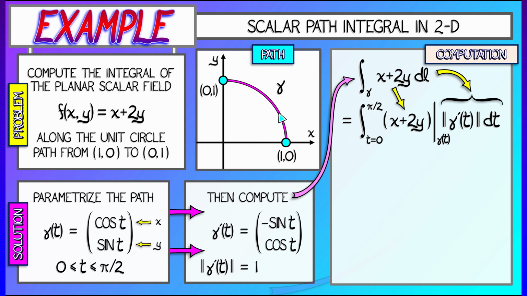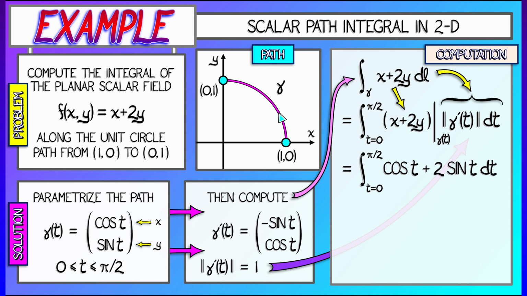Then what we need to do is substitute in for x plus 2y the terms of gamma. x becomes cosine of t. 2y becomes 2 sine of t. We're integrating this with respect to dt as t goes from 0 to pi over 2. Now that integral's easy. The integral of cosine is sine. The integral of 2 sine is minus 2 cosine.